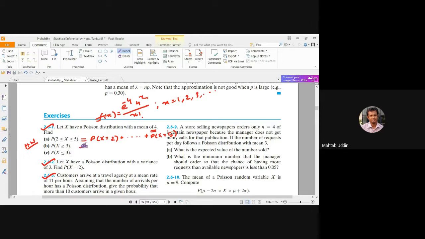This is probability greater than or equal to 3. As I have said, for the Poisson distribution you cannot directly use the greater than or equal condition. You have to write 1 minus P of x less than or equal to 2. So you have to write 1 minus P of x equal to 0, 1, 2.